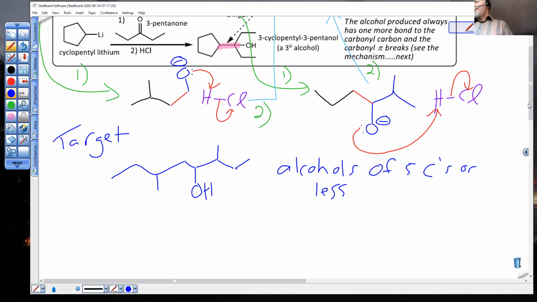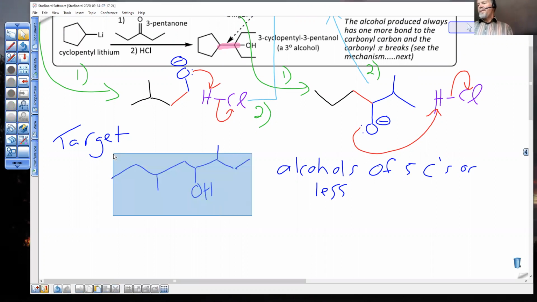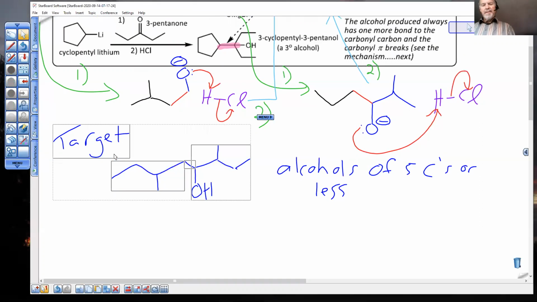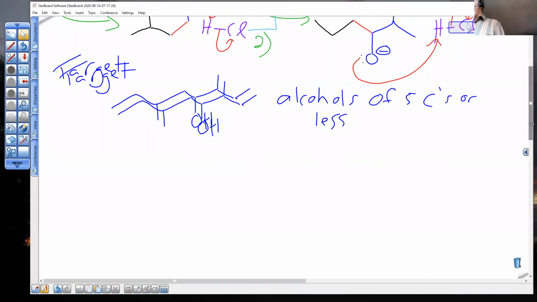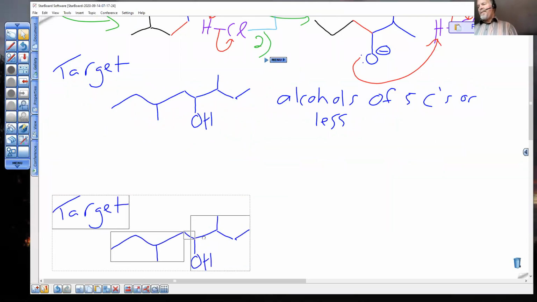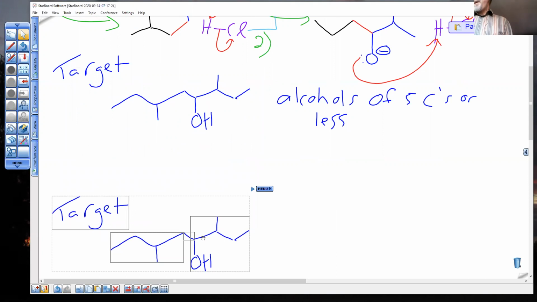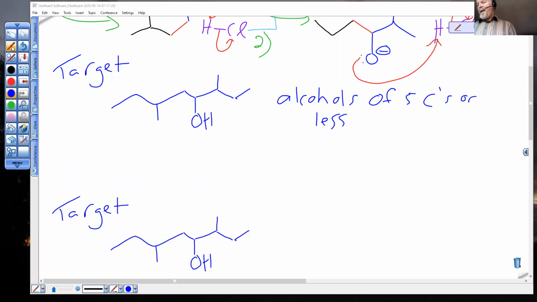Now, we got a couple approaches, and I mean, both approaches will work, but one approach is going to require a lot more work. Oh boy, here we go again. There we go. And the approaches are, I know how to make this bond, or I know how to make this bond.